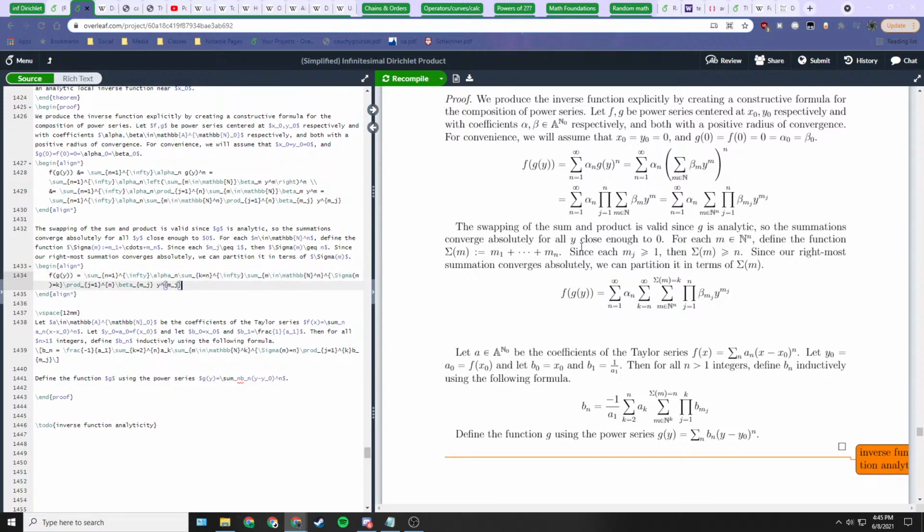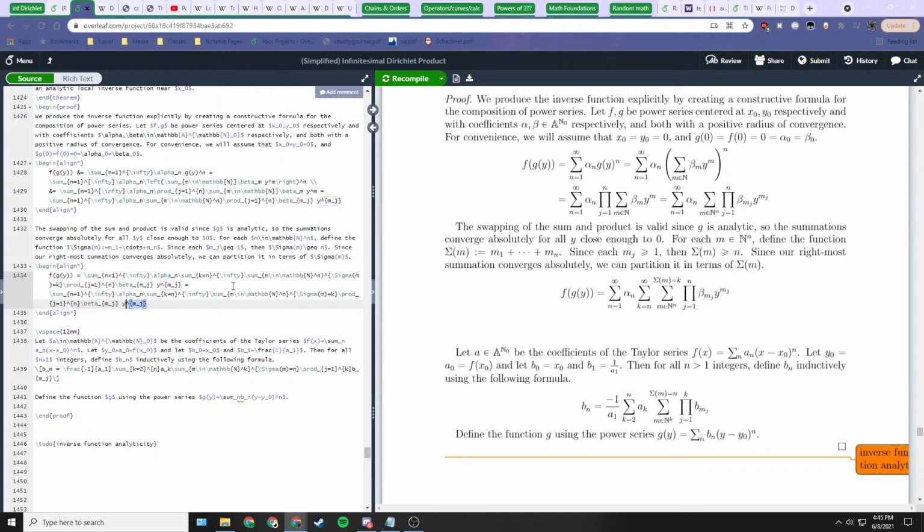We're then going to say, well, we have this product, right? This product of beta sub m sub j times y to the m sub j. Well, this y to the m sub j can actually be pulled out of this product as y to the power sigma m, which is k.